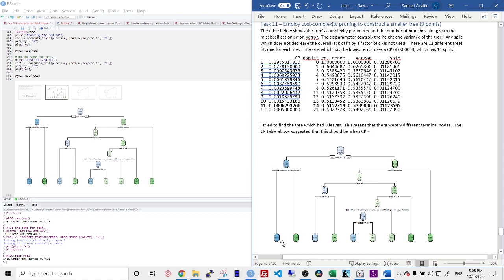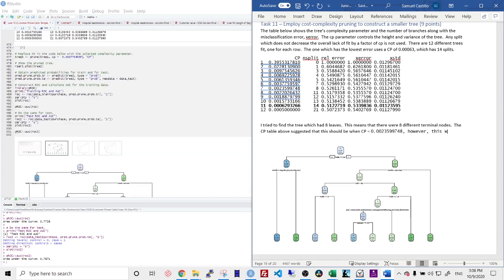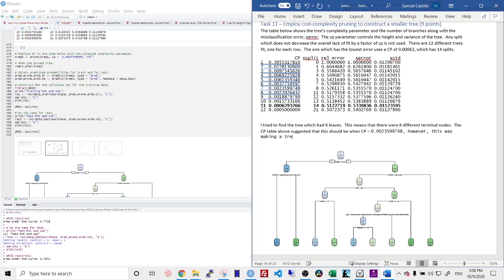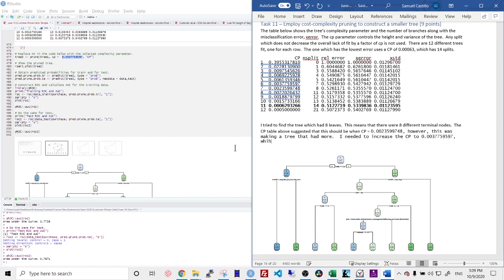But this has 1, 2, 3, 4, 5, 6, 7, 8, 9. This was making a tree that had more. I needed to increase the CP to 0.003, which was the next highest value on the table below and the table above, which resulted in 9 leaves.